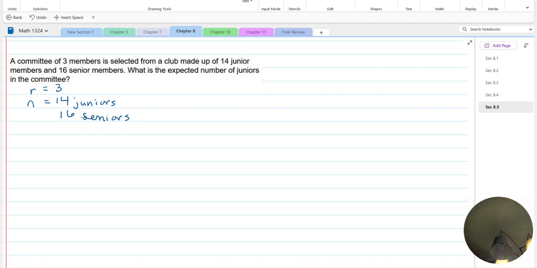Okay, so here we go. What do they want? What is the probability? No, the expected. What is the expected number of juniors in the committee?